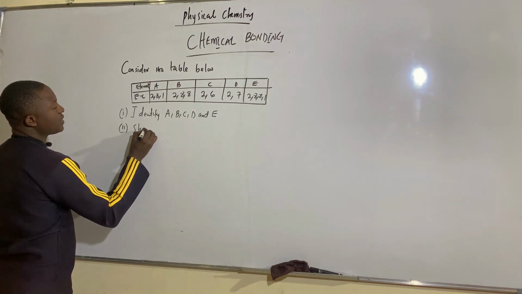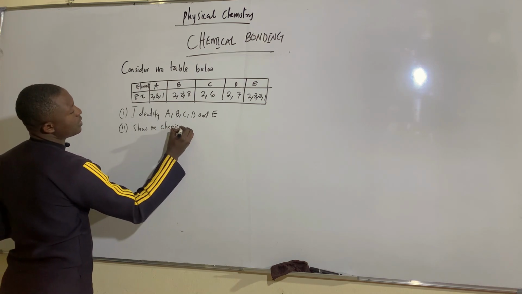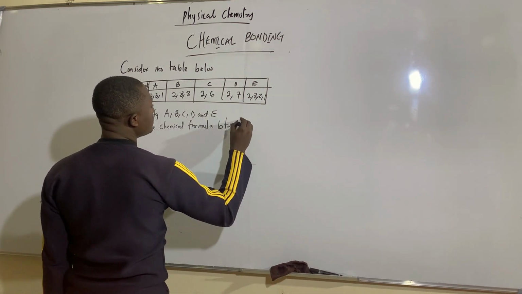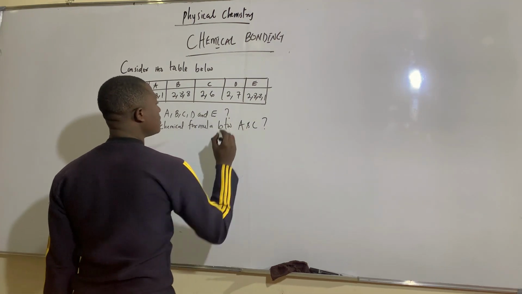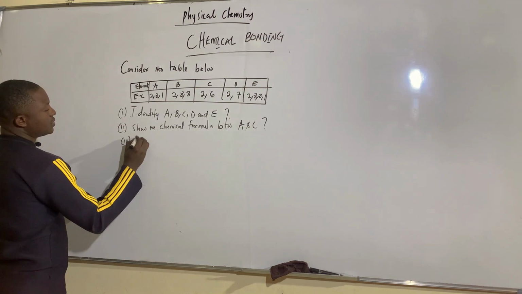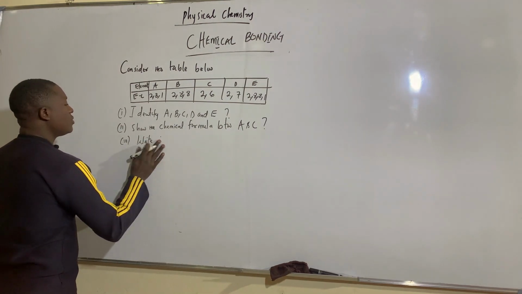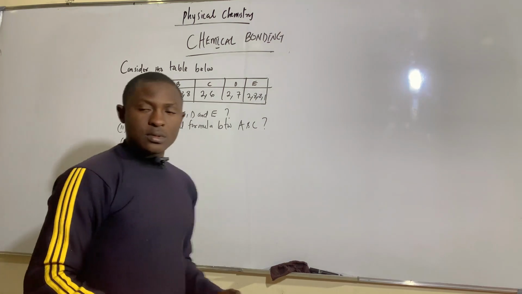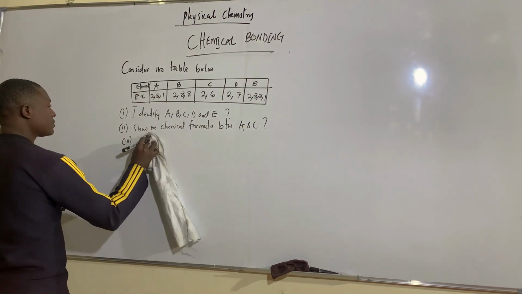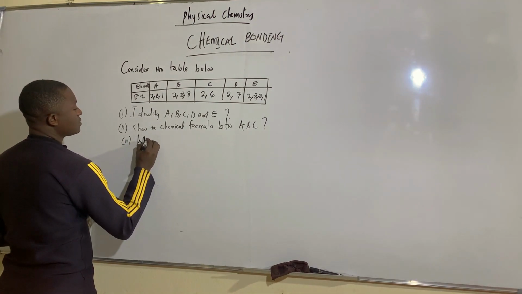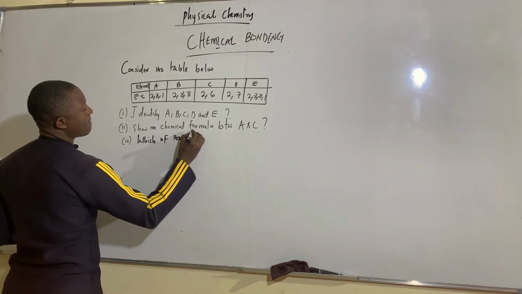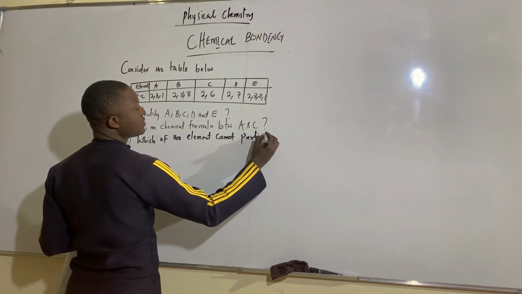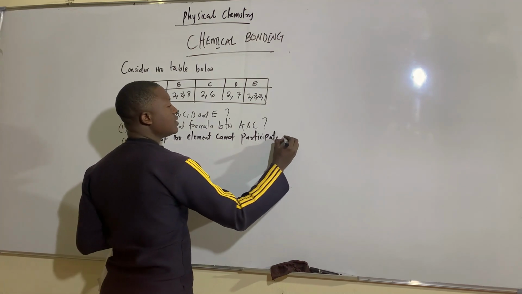The second question says, show the chemical formula between A and C. The third one, which of the elements cannot participate in a chemical reaction?